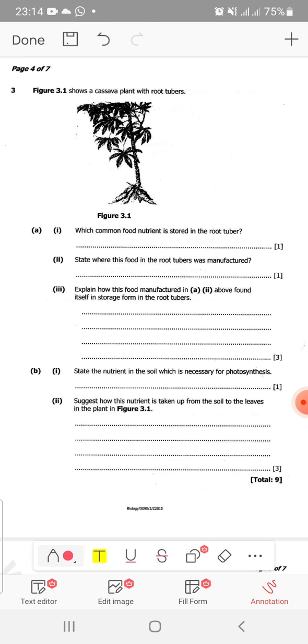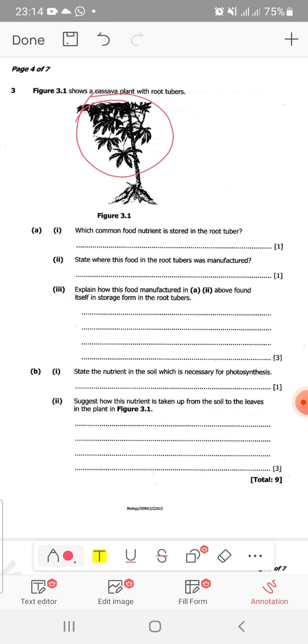Then B, state where this food in the root tuber was manufactured. Food is mostly manufactured in green leaves. So the food is manufactured in green leaves during the process of photosynthesis.